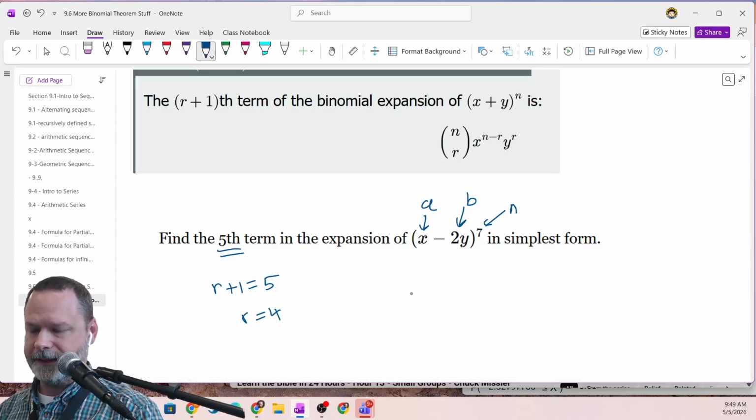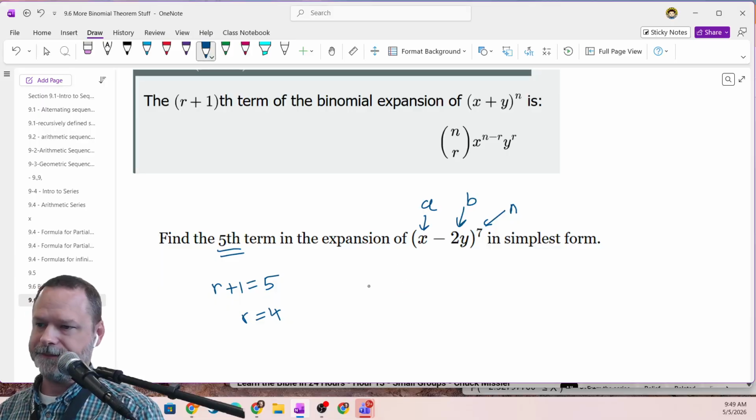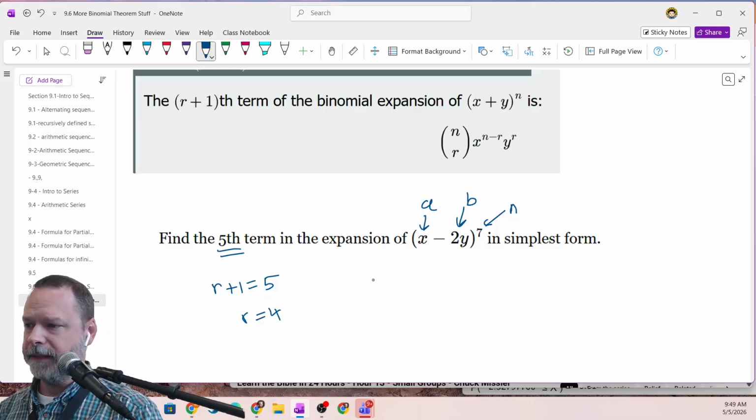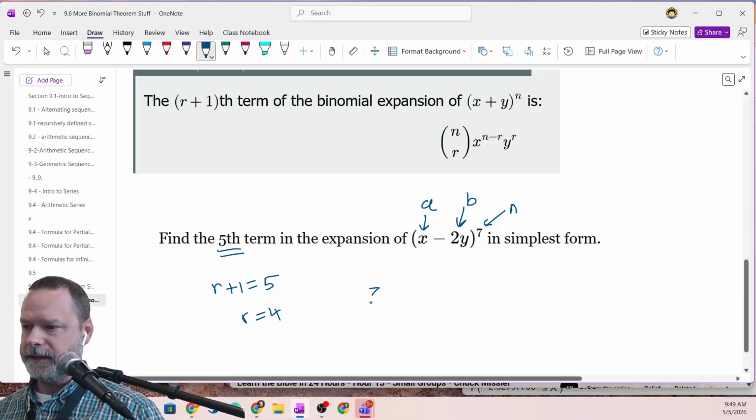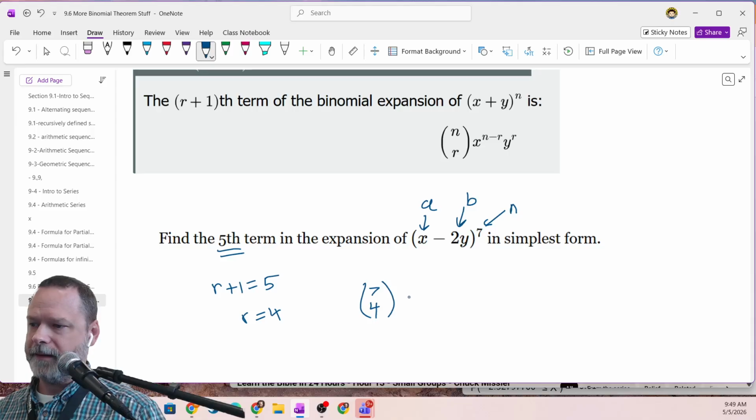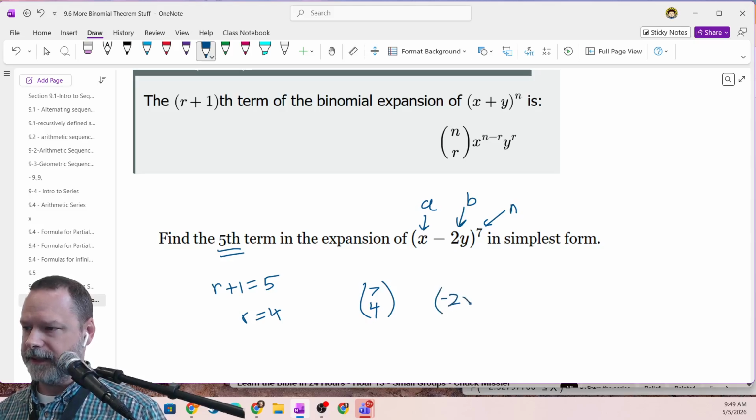Or the way I like to do it is, okay, the fifth term, so it's going to be 7 choose 4, of, and then the power on my b, which is negative 2y, is going to be the same as the 4.